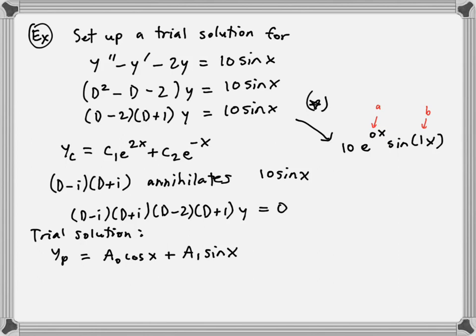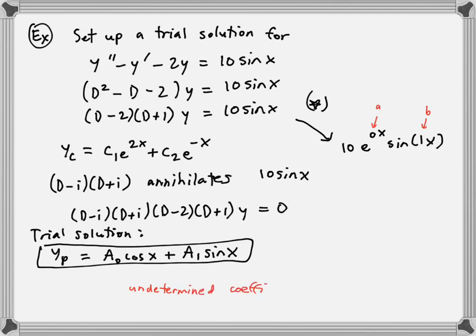We actually have 2 undetermined coefficients, a naught and a1.